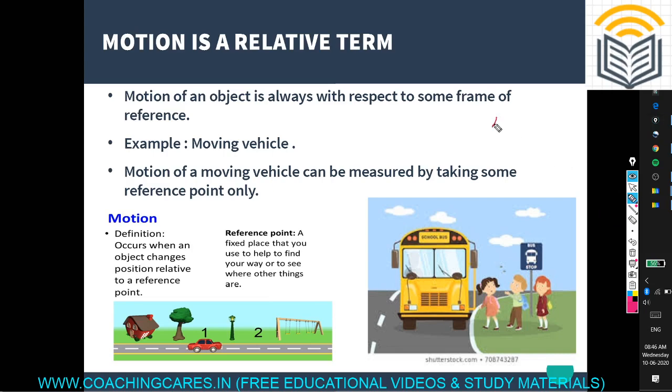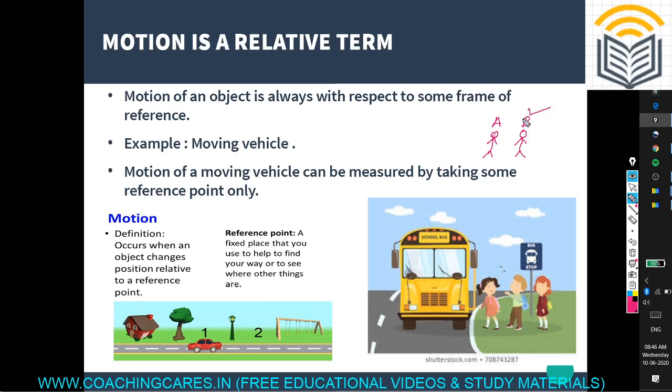Suppose there are two persons sitting in the bus, person A and person B. So what do you understand about these two persons? Are they in motion or are they not in motion? How will you define it? So just understand it deeply. Person B, I just ask, is person B in motion or not?